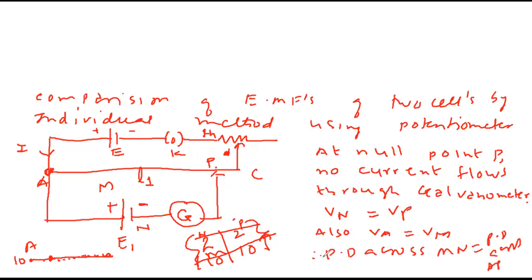Understood? Yes, sir. The potential difference of MN means E1, the battery's voltage E1, and the potential difference of AP, by principle of potentiometer, is KL1, isn't it? Yes, sir. So just copy this diagram and note this.